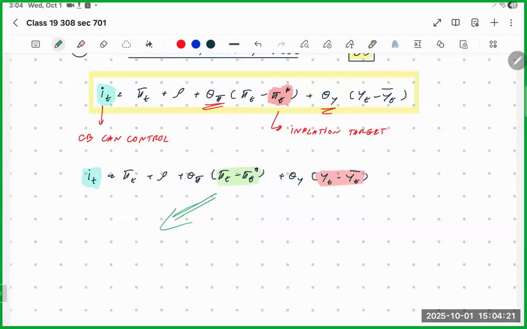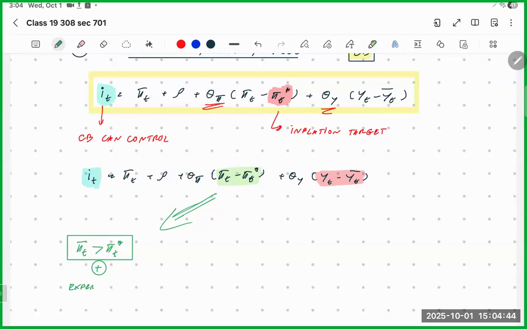Inflation problem. If pi t is greater than pi t star, inflation is higher than the inflation target. This bracket becomes positive, right? It means that we have a problem.